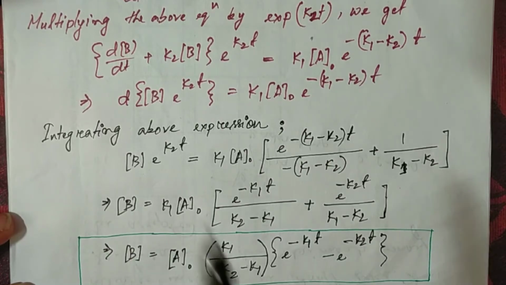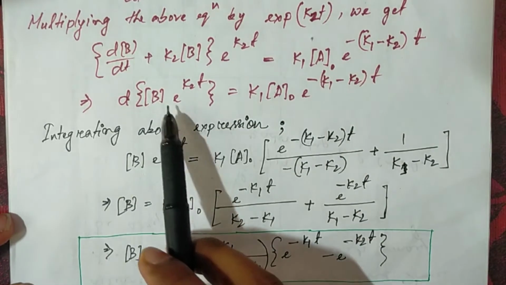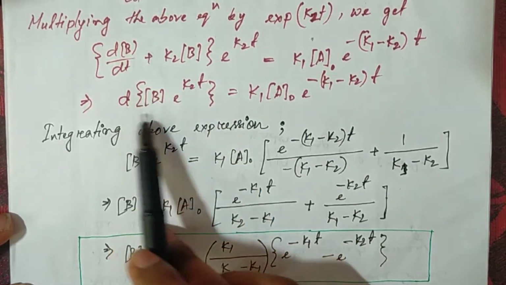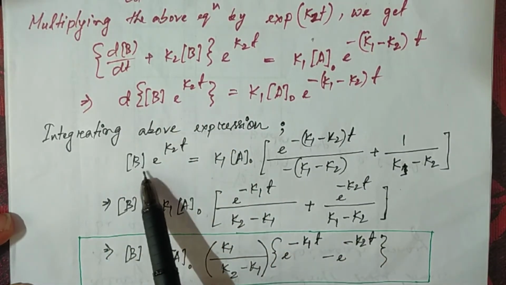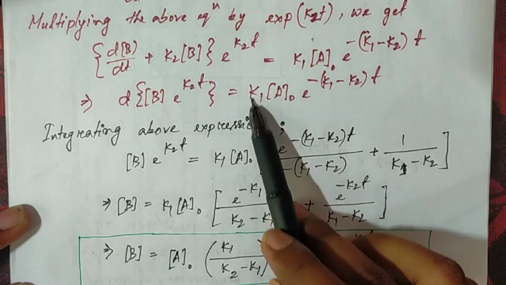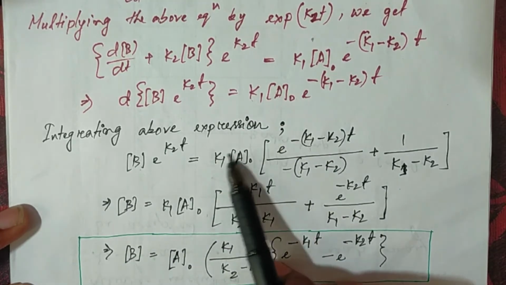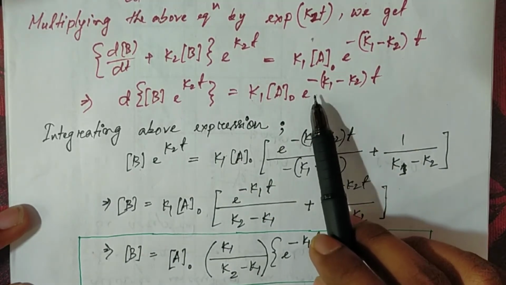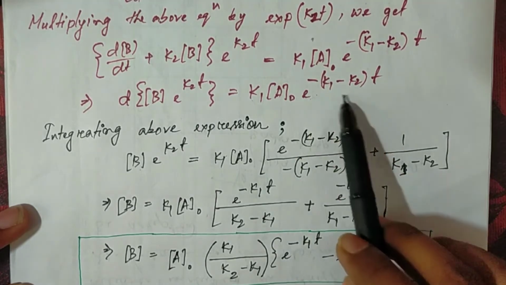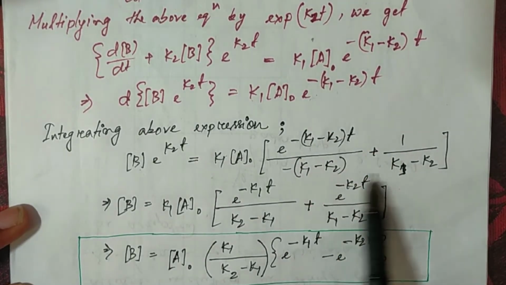So on integrating this equation, as this is a differential equation, it will be like this. Okay, next, k1 A naught is constant, so there will not be any change there, only this part can be integrated. So if you integrate this part, you will get this one.